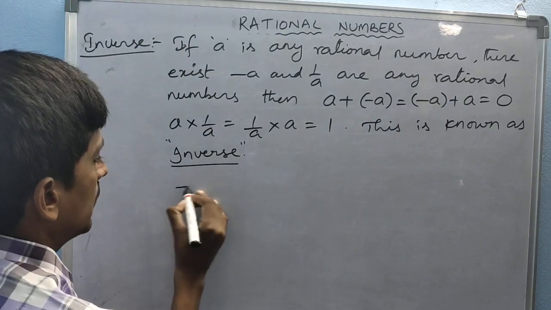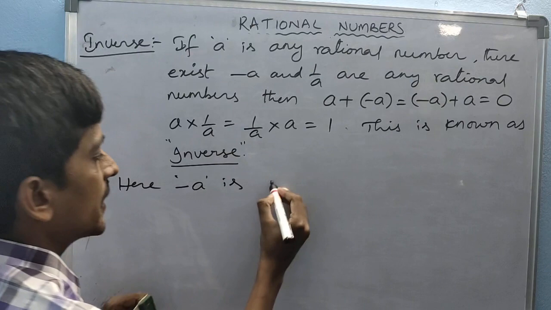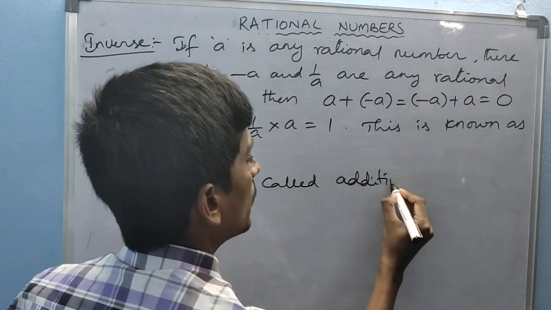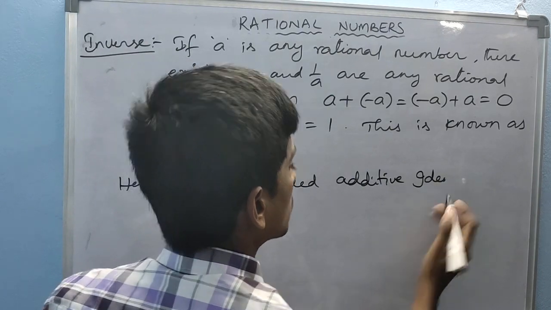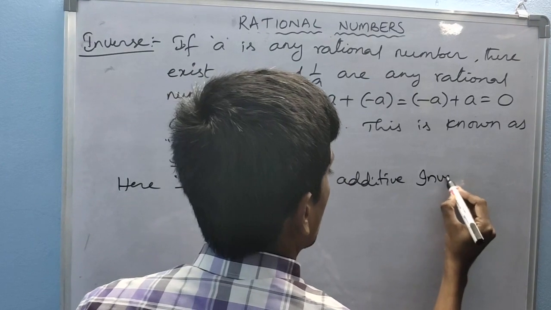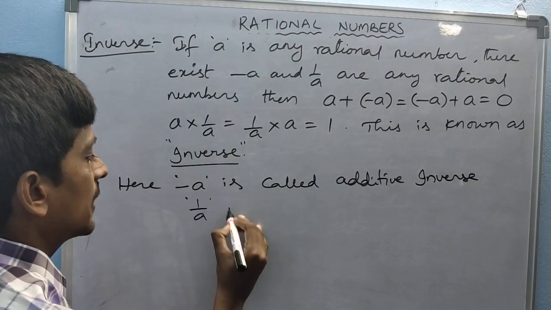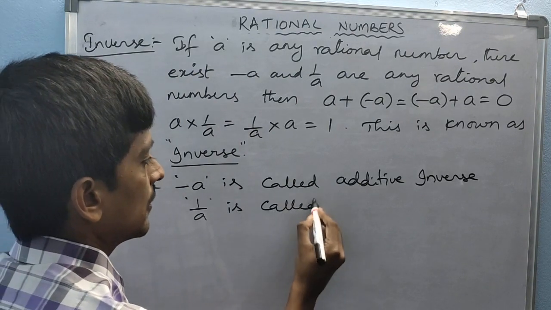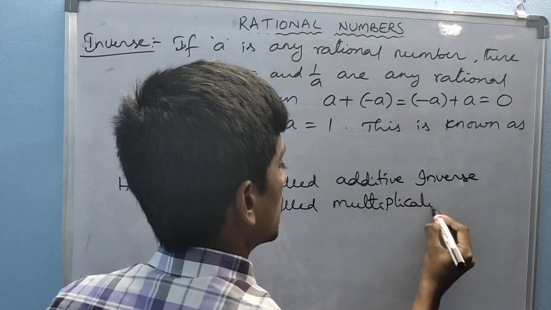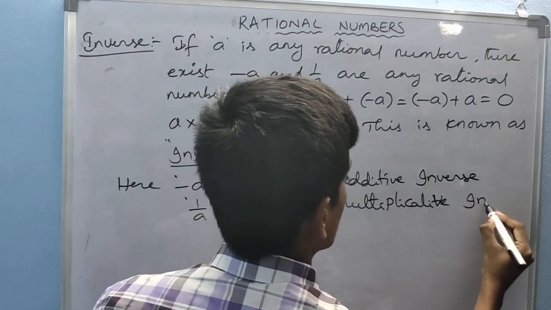Here minus A is called the additive inverse, and 1 by A is called the multiplicative inverse.